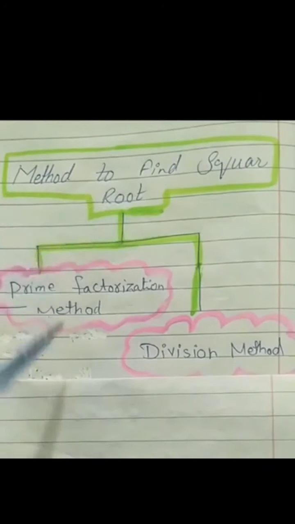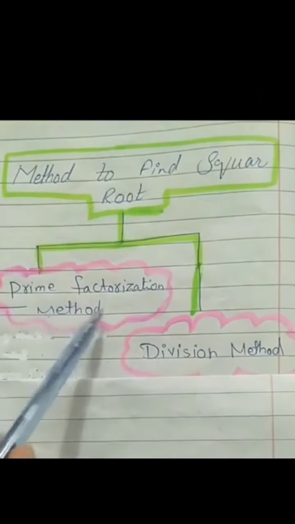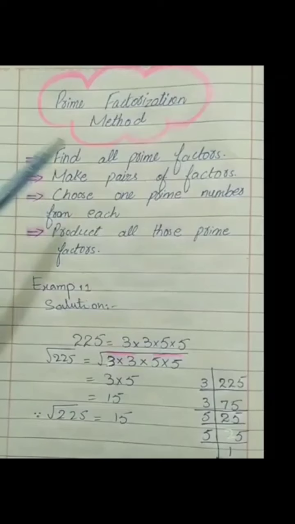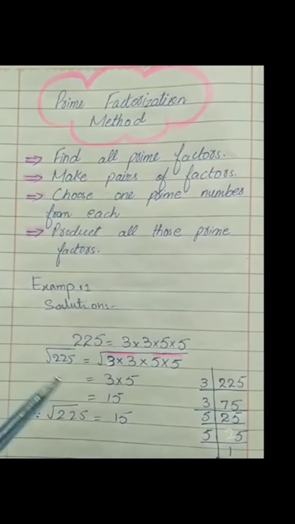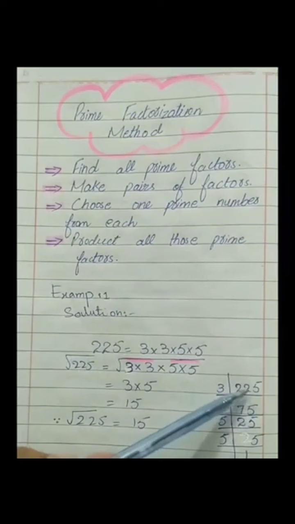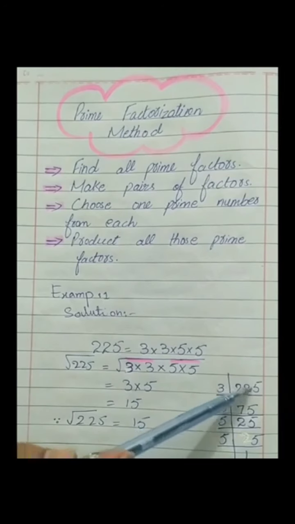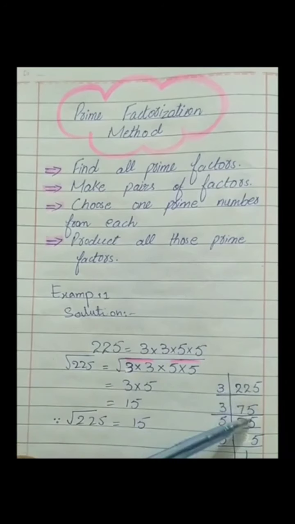There are two methods to find square root: the prime factorization method and the division method. In the prime factorization method, firstly find all prime factors. For example, we have the value 225. The sum of the digits of 225 is 9, and 9 is divisible by 3, so 225 is also divisible by 3. 3 sevens are 21, 1 carry, and this is 15. 3 fives are 15.